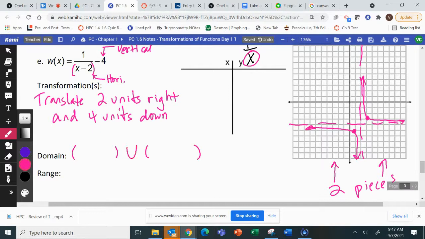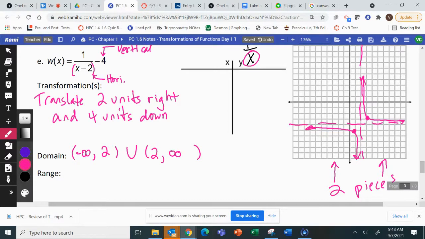And between the 2 parentheses, you're going to put a union symbol, which means these go together as one thing. So we start at negative infinity, and it goes all the way to the asymptote, which is at 2. It does not equal the asymptote, so we use a parenthesis instead of a bracket. And then it begins at 2 again and goes to positive infinity. It does not equal 2. This is showing that it's everything except it skips over 2.